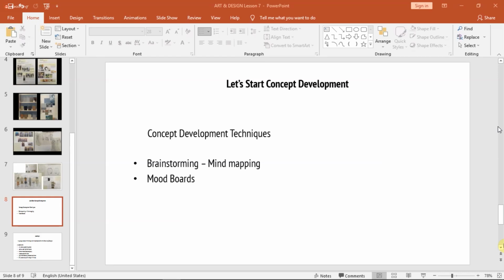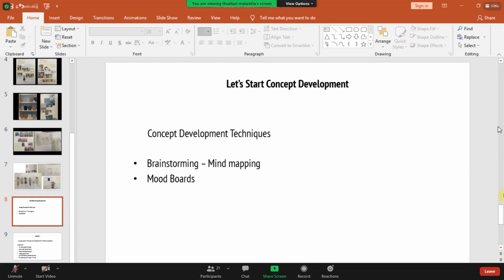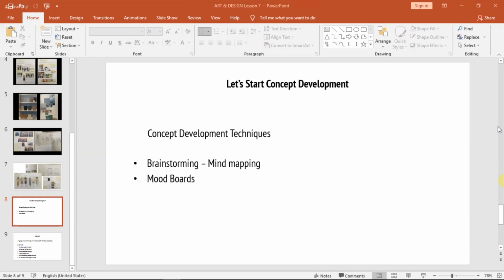Madam, it is a graphical representation of our mind. That means what we think. Yes. The technique you'll be using is that you put a word in the middle of the paper and then spread the ideas.